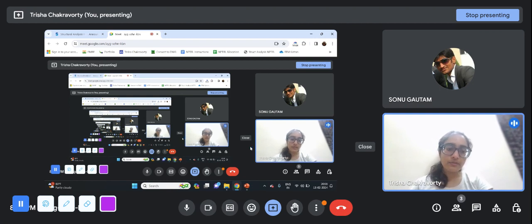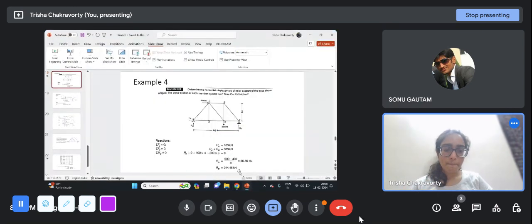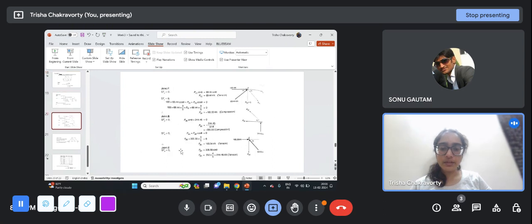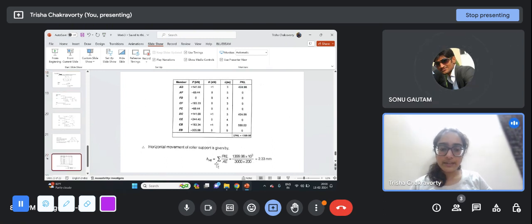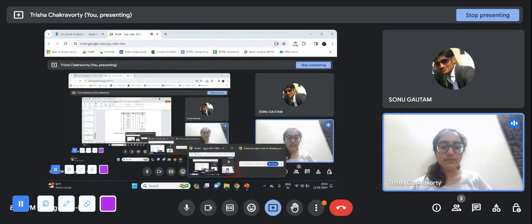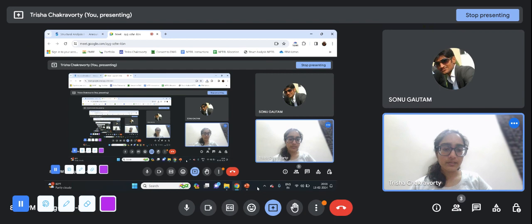That is basically what the principle of virtual work says. And in the unit load method, we are applying a unit force, so the unit force has magnitude 1, and you are multiplying it with the displacement at that point that you are finding out, so that you have to equate with the internal virtual work. That is what we are calculating here. This formula, sigma PkL by AE, is the internal virtual work of the members. So that is what we are equating and directly finding out the displacement.